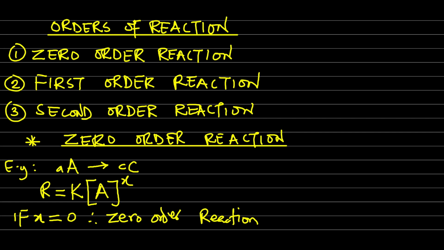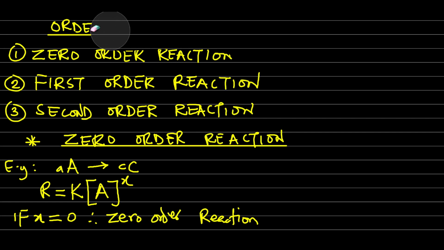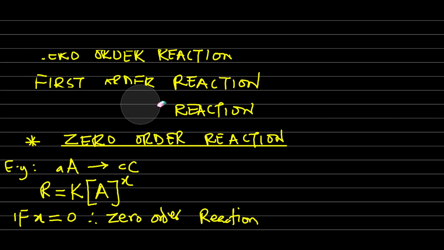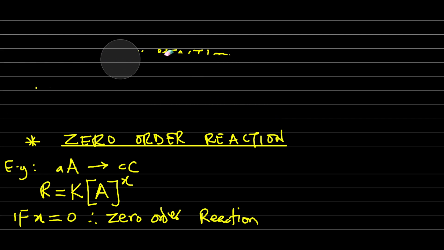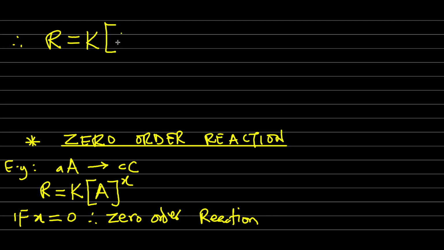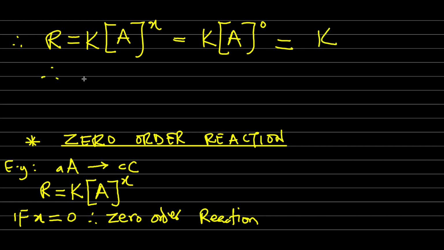Now what do I mean? If I say R equals K[A]^x, and x equals 0, anything raised to the power of 0 is 1, so this becomes K. So therefore, for a zero order reaction, R is equal to K.